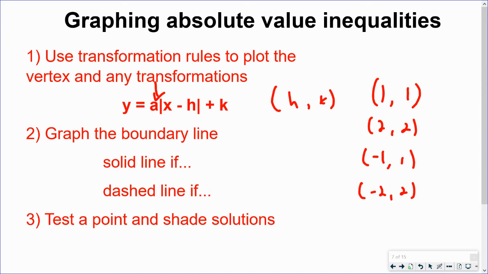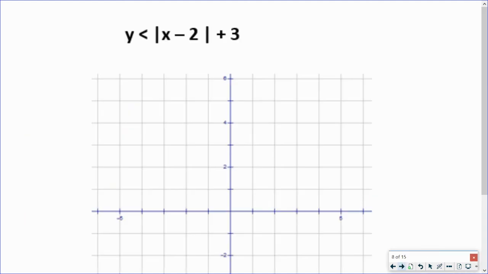Now again, borderline, part of an equal sign, it's solid, dashed if it's not. Test point and solution, same type of way. Starting off with this one, I know this tells me right 2, up 3. So there's my vertex, right 2, up 3. Put my dot. It's not being stretched, so it's over 1, up 1.